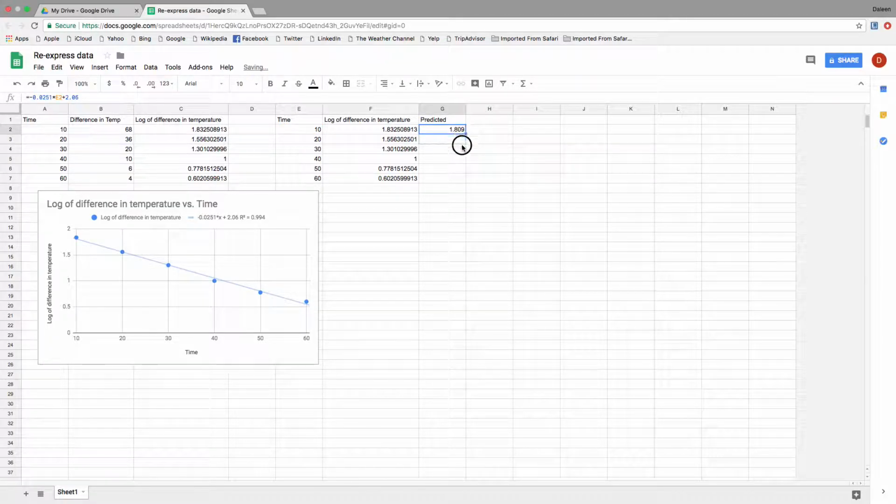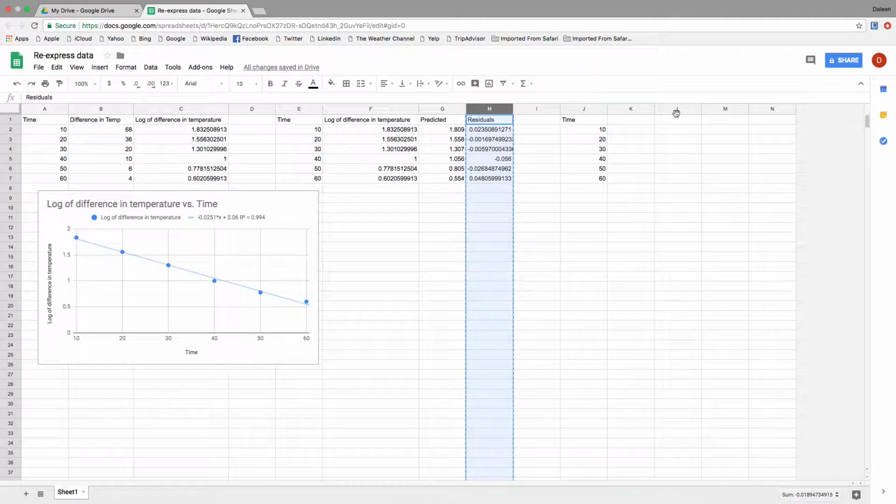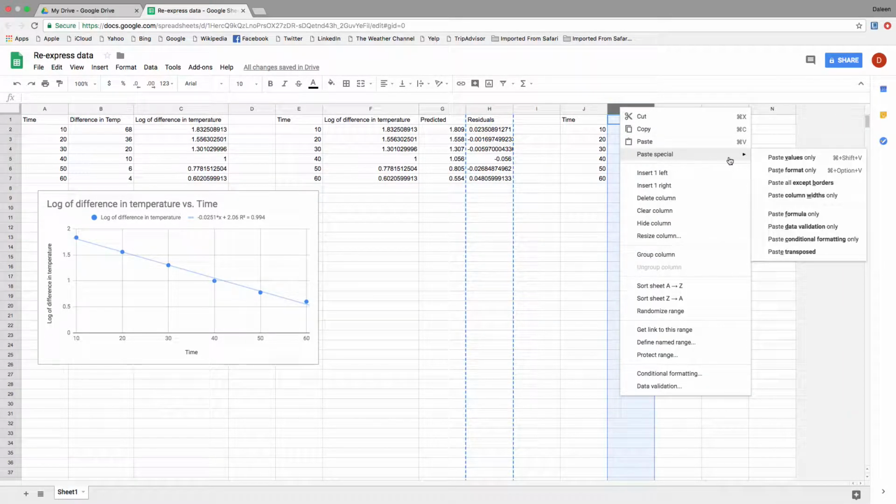So I can drag down those predicted, and now I can find my residuals. Residuals equal observed minus predicted. So I can drag those down, and I will copy and paste time and residuals next to each other. Paste special, paste values only.